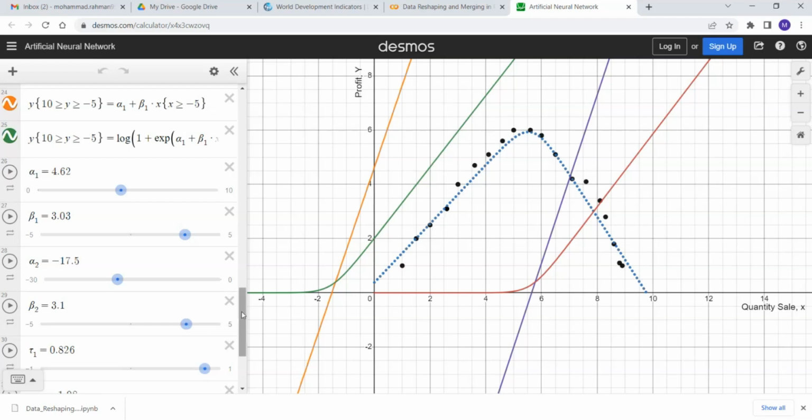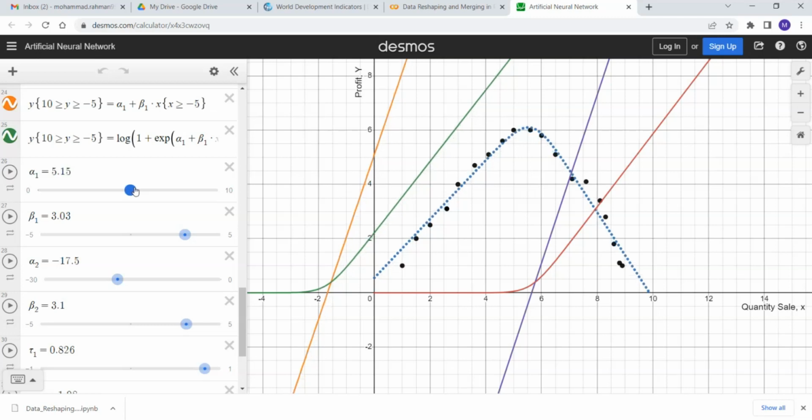So what is happening when you change the parameter? For example, alpha 1 is the intercept term of this orange straight line, which is called Z1. At this moment, alpha 1 is 4.62, which is basically here. If you increase it, the intercept term will increase.